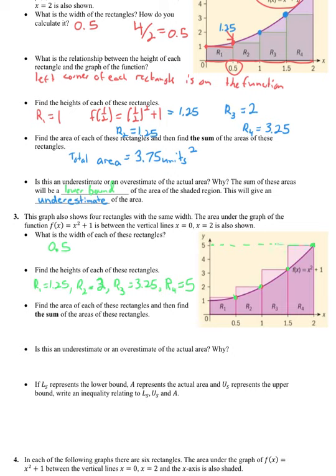Then find the area of each of these and the sum. And for this one, I got a sum of 5.75 units. And this is an overestimate of the actual area. And that's just because there's a lot of shaded region that I'm including that I shouldn't.